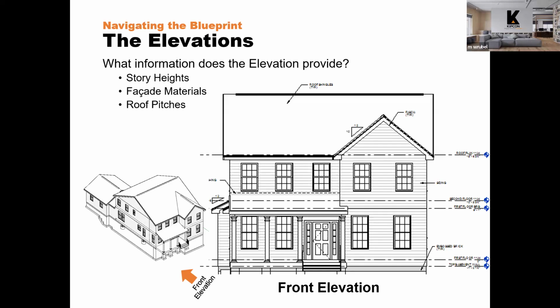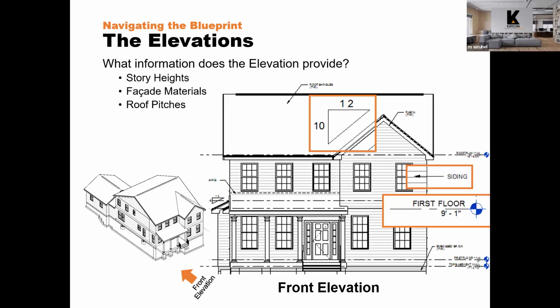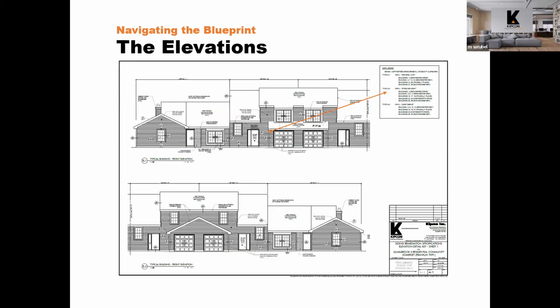These elevations also show types of siding. I think I have that on the next slide. Yeah, here we go. It shows the types of facade materials that are on the building. And in this one, this is for a siding project. There are different units with different types of siding materials on them.